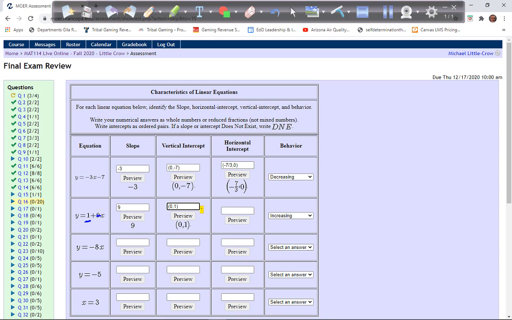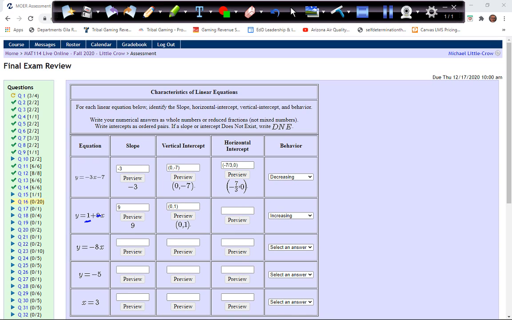And then to find the horizontal intercept, we've got to put in 0 for y and then solve. So we subtract 1 from both sides. -1 equals 9x, and then we divide by 9.